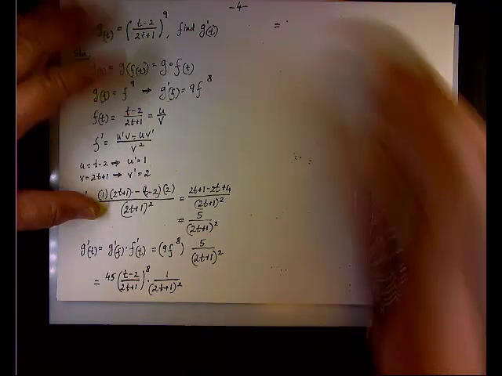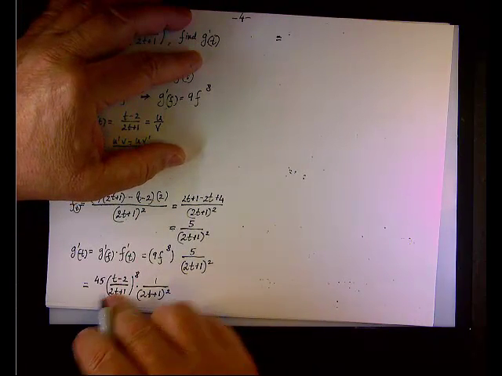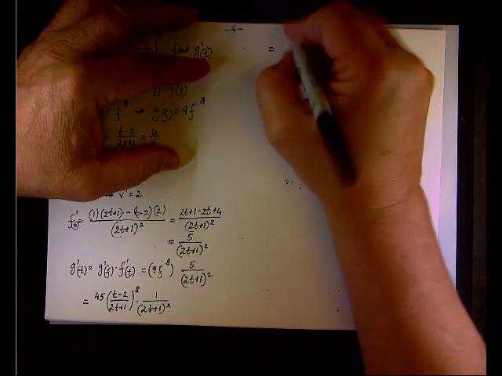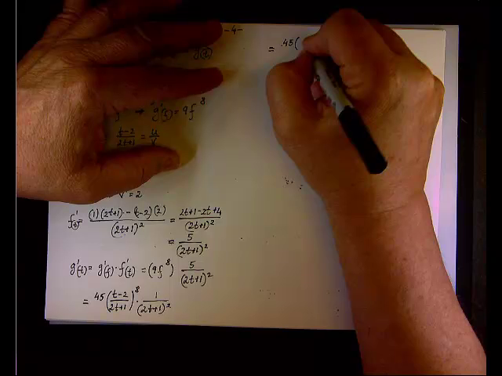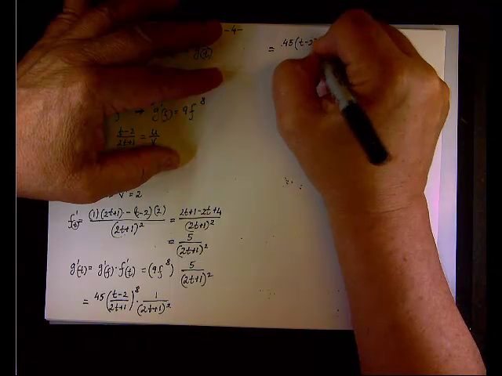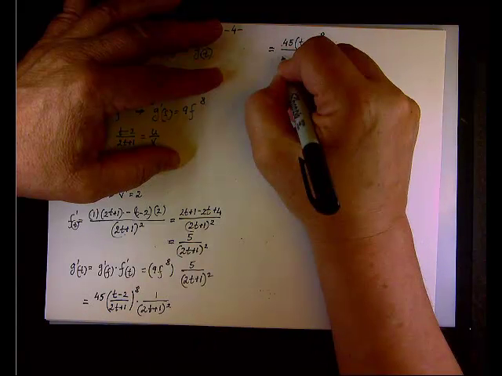One more step before we finish. We're going to break down the quotient, and we're going to write it as 45 on top, and then (t minus 2) to the 8th power, divided by what we have at the bottom.